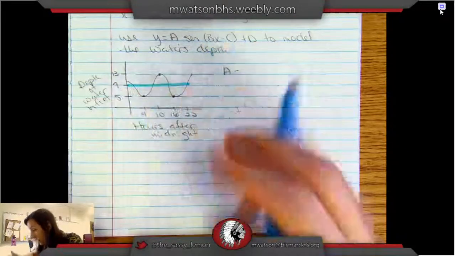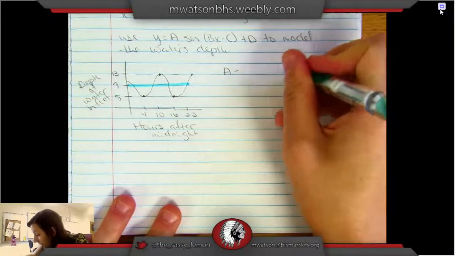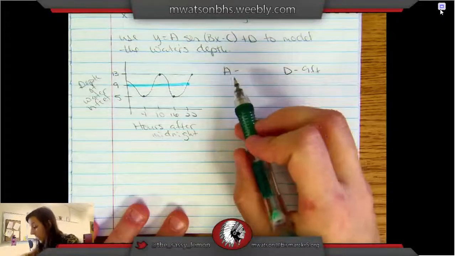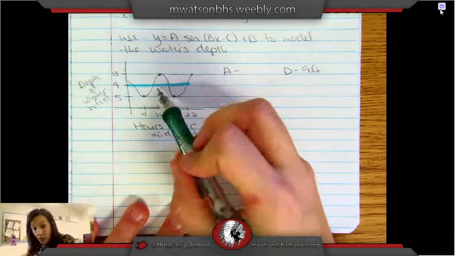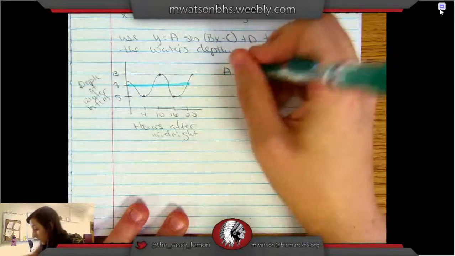Because our center is at 9, so that tells us our vertical shift. So 9 feet. And then our A, we can see, is from the center up to the top and bottom of our waves, which is going to be 4.